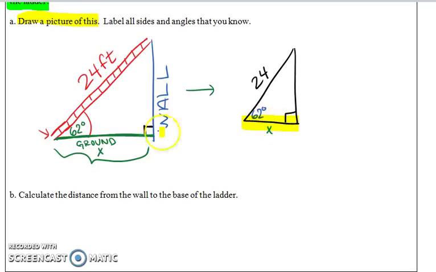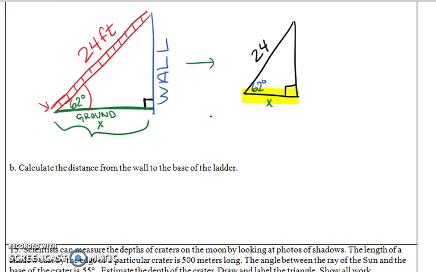So we need to think, which of the 3 trig functions is going to relate the side labeled x with the side that is 24? The side labeled x is adjacent to the 62-degree angle, and the side that is 24 is the hypotenuse. So what trig ratio relates adjacent with hypotenuse? That's going to be cosine.